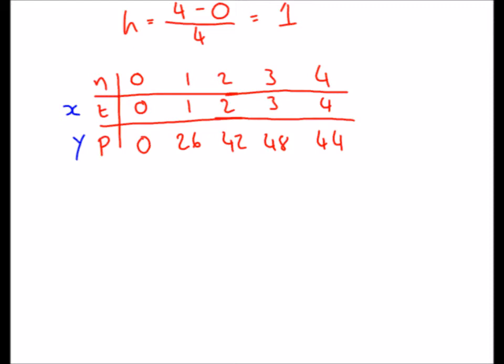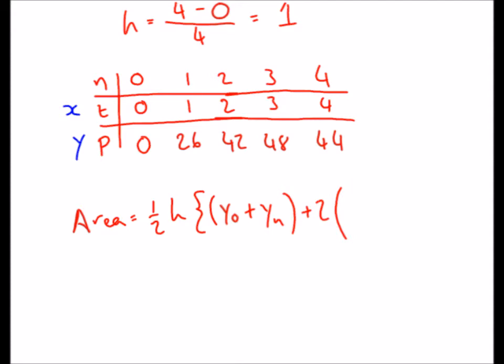Now to approximate the area, I'm going to use my equation. We know that my area is equal to a half h, curly brackets, round brackets, y0 plus yn. So that's my first term and my last term, plus 2 lots of all my middle terms.